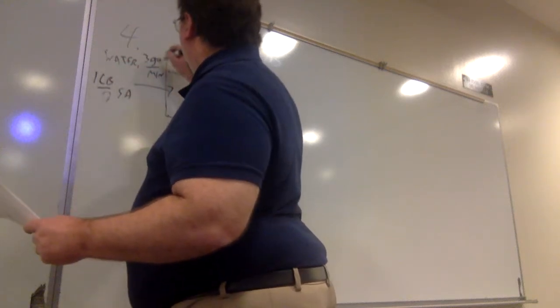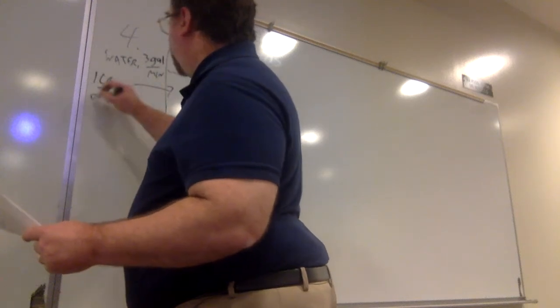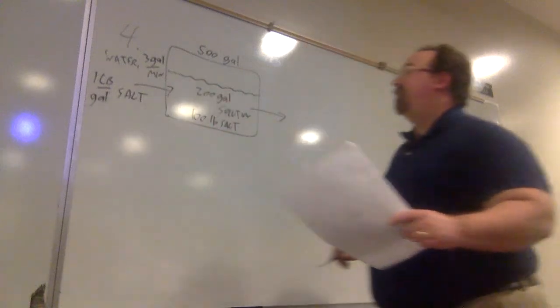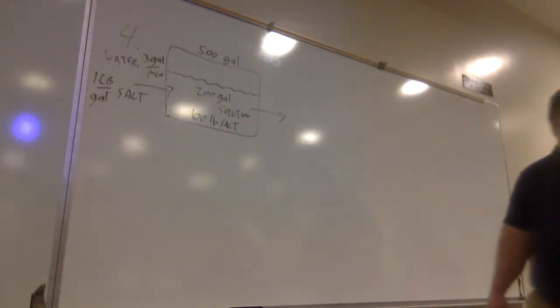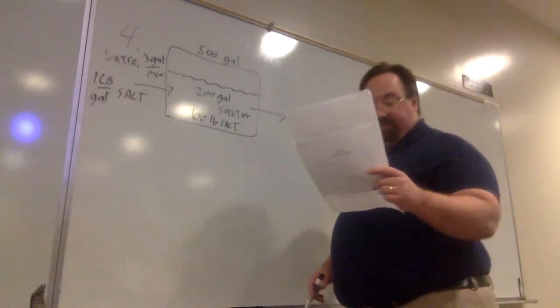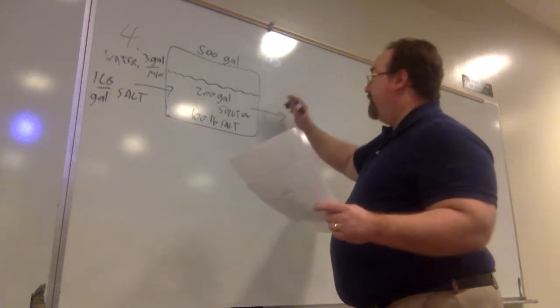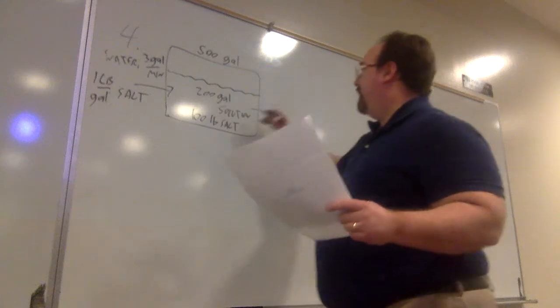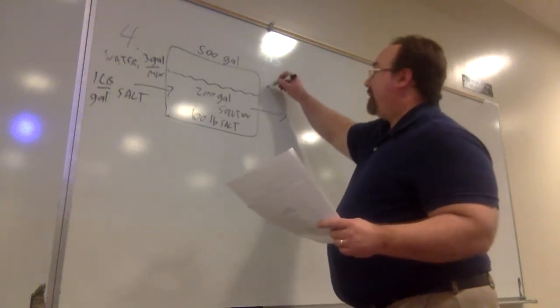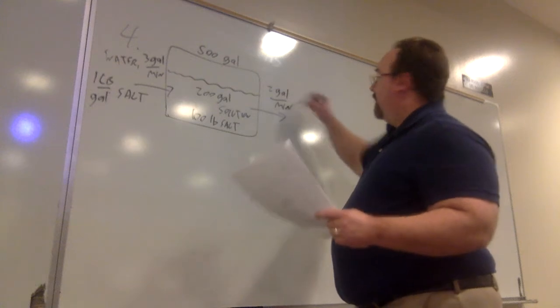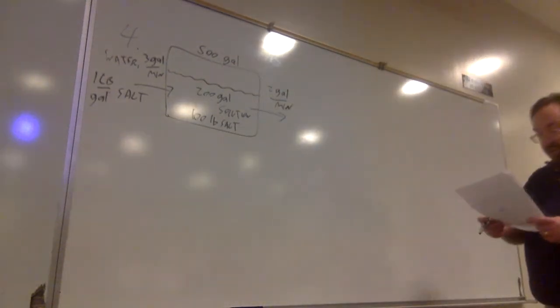Actually, I need to put gallon for gallon, otherwise people think it's grams of salt. So that is what is coming in, and then what is flowing out, we have whatever mixture you have after this mixes with this. So we have 2 gallons per minute going out.